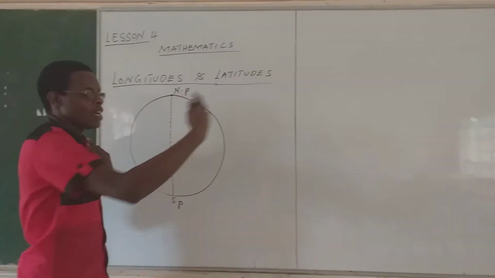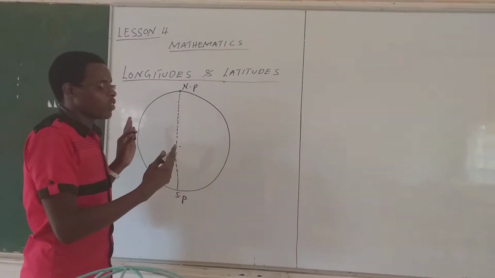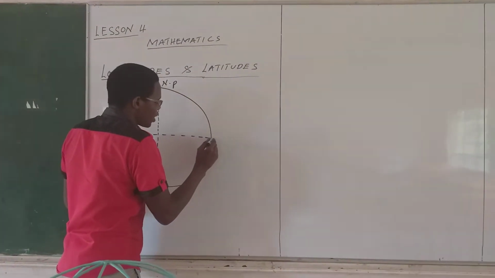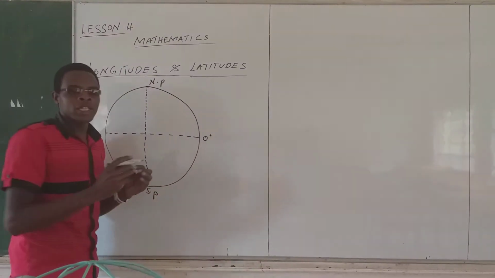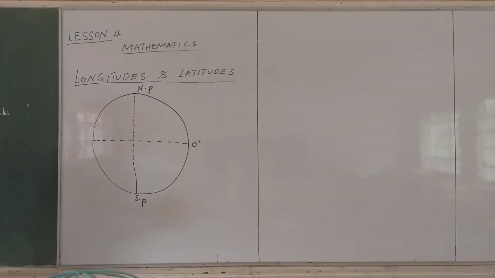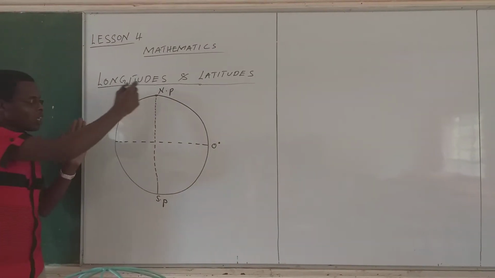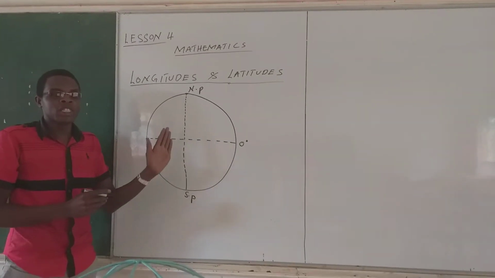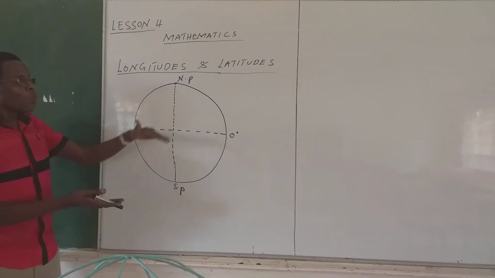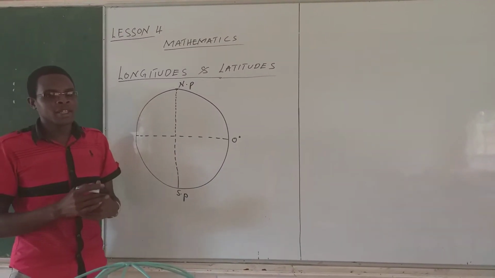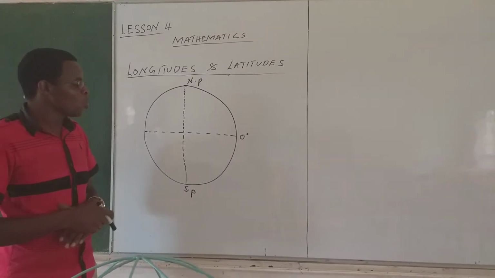It is neither east nor west of the globe. Also, we have this line, which is 0 degrees, and we call it the equator. These are the lines which divide the globe into two equal parts. Towards east and west, we have the prime meridian dividing it into two. Also, towards north or south, we have the equator, which divides the globe into two equal parts.